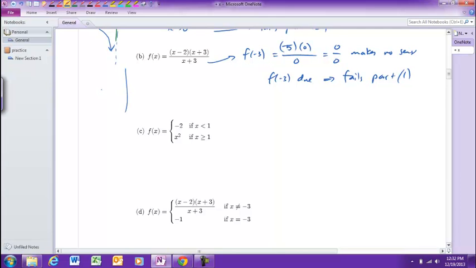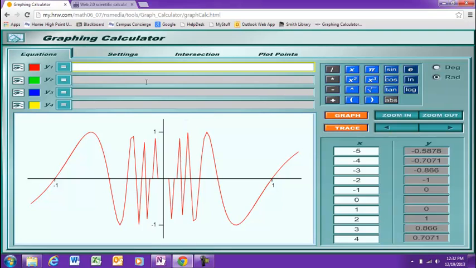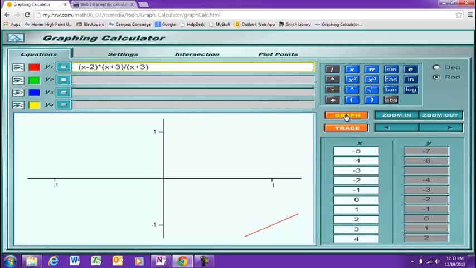Interestingly, if you graph this, and maybe we should do that, this is x minus 2 times x plus 3 divided by x plus 3. And I'm going to zoom out to get a better look at this.